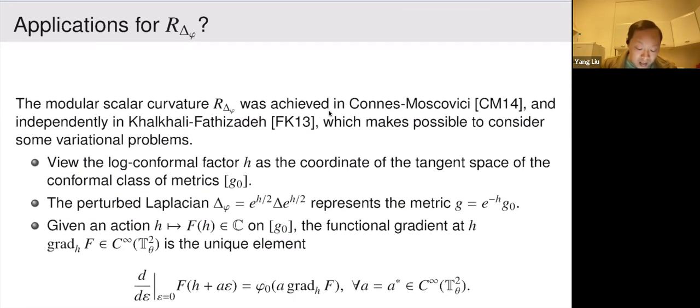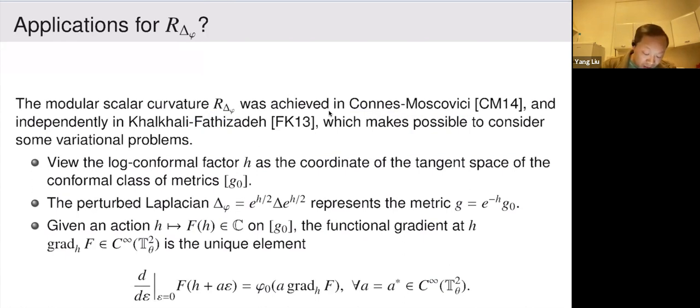And then the next step is, once you have this full scalar curvature, in the Connes-Moscovici paper they propose you can move some variational problems onto this non-commutative manifold.